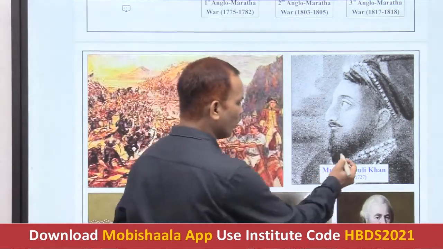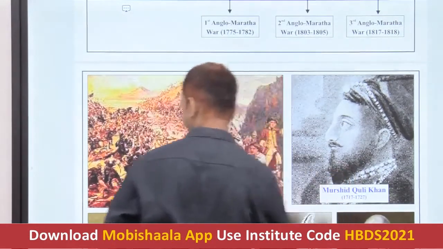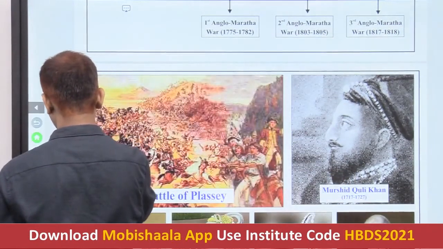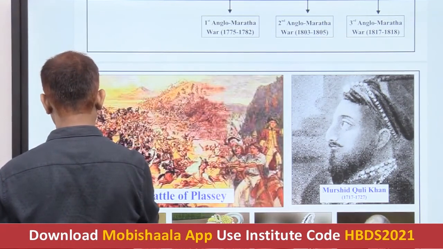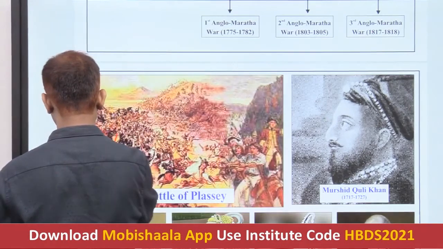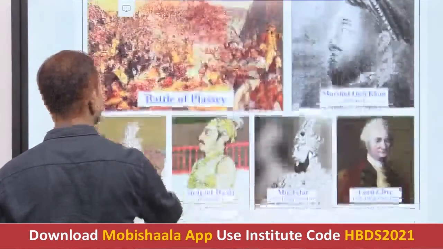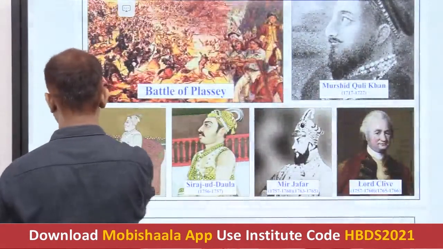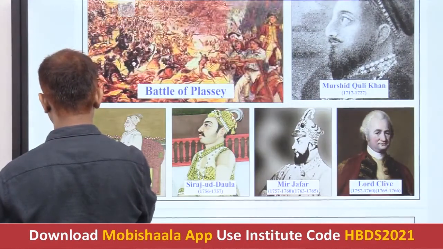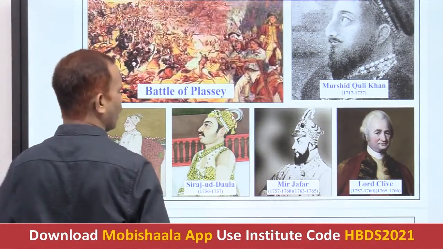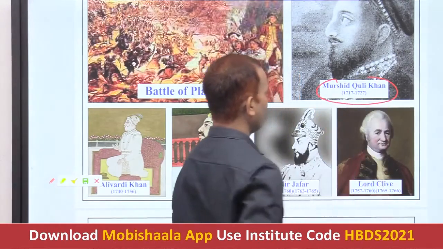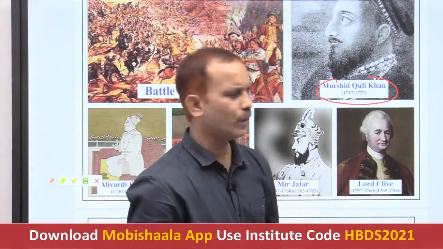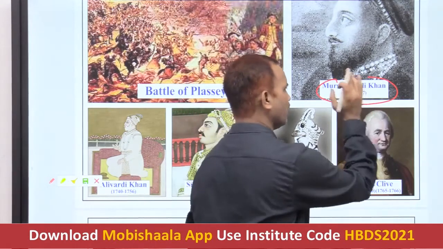One is Murshid Quli Khan, from 1717 to 1727.